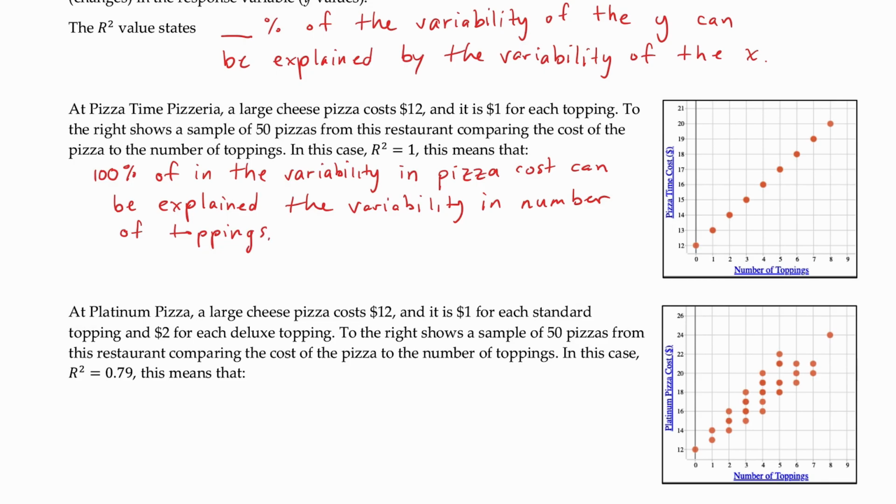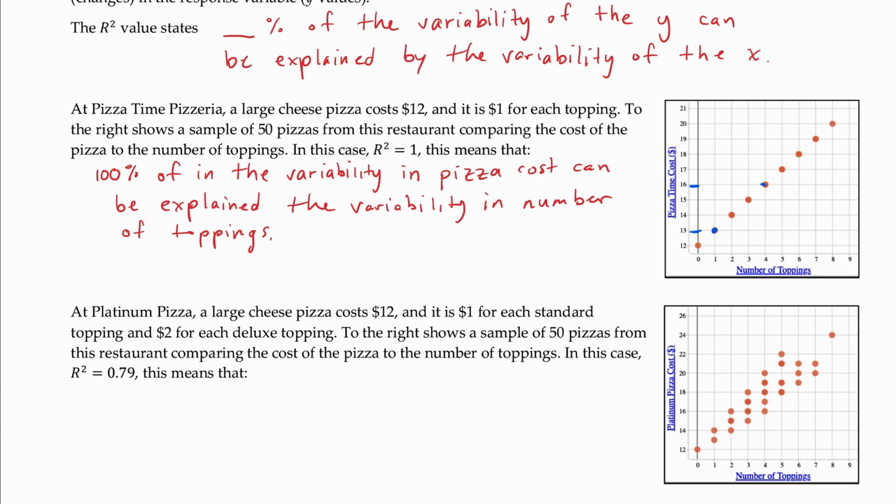That means that if I posed the following question, so if I bought a pizza from this place and you bought a pizza from this place, and I looked at it and I went, your pizza cost $3 more than mine. I wonder what would explain that. There isn't any question about it. Your $3 more pizza is only $3 more because you have 3 more toppings than me, okay? So if I was here and I looked over at you, I was like, I paid $13.